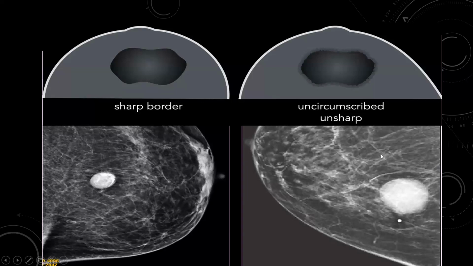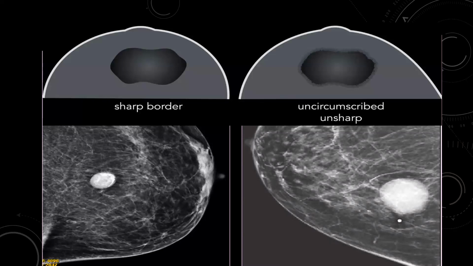And there is another, circumscribed but with a fuzzy, unsharp border, like this one. Look for the margins. This is not very sharp, not sharply defined circumscribed. It can be circumscribed, but with an unsharp border.